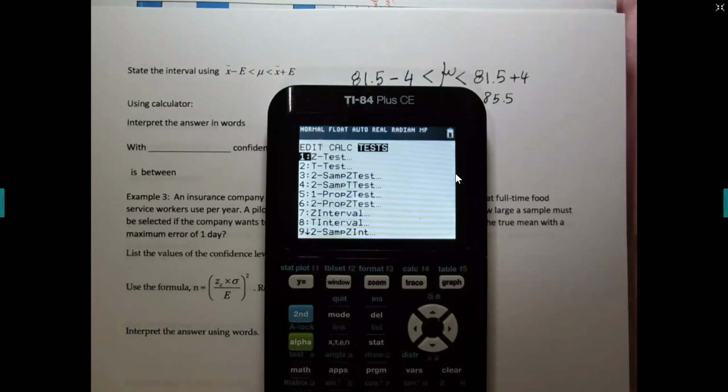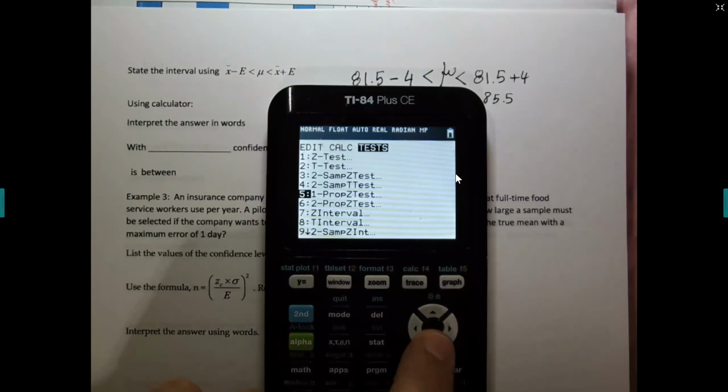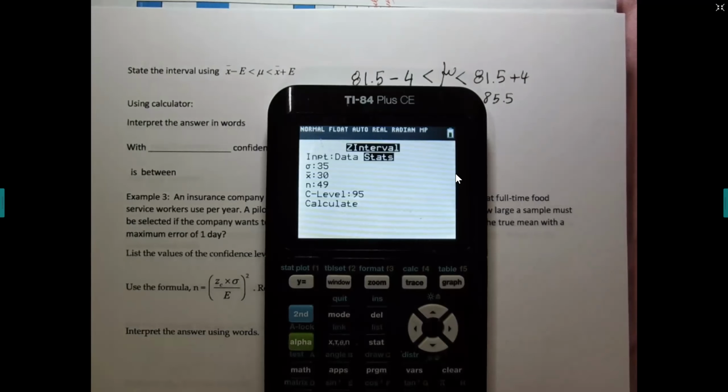So we're picking number 7. If you want to take a note, number 7 you can use to construct a confidence interval for the mean when the population standard deviation is given to you. When you assume that the population standard deviation is known, you use the Z interval. So we're going to go to Z interval.